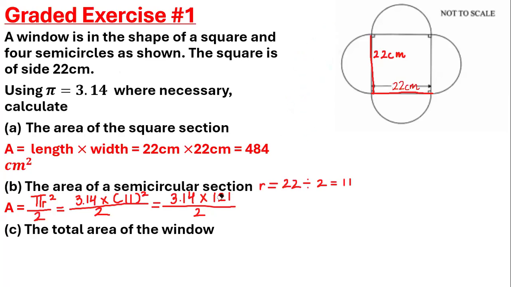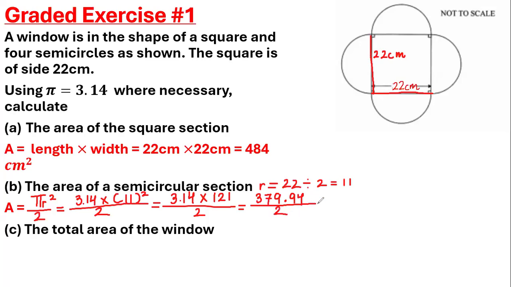So we see 3.14 times 121, which gives us what? 379.94. Very good. 379.94 divided by 2.